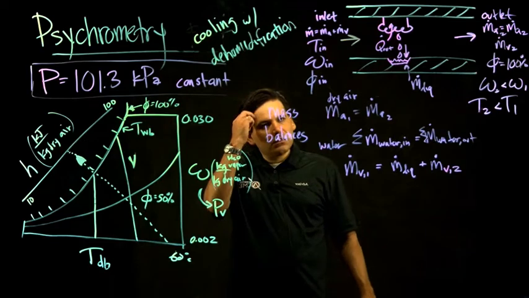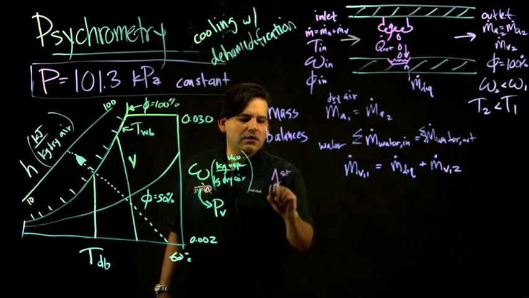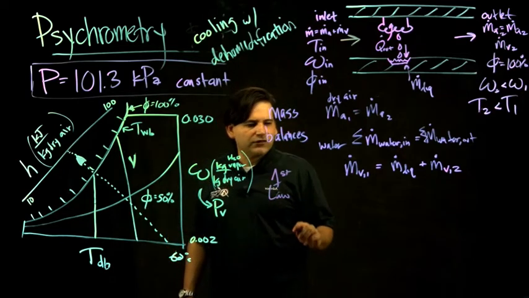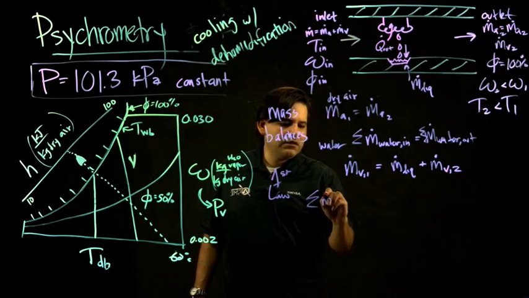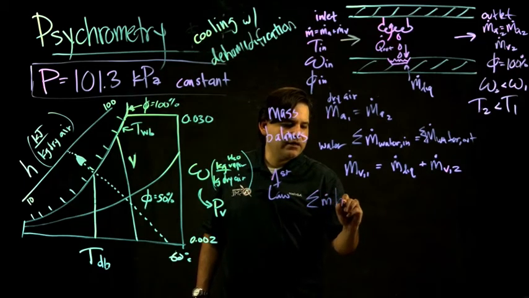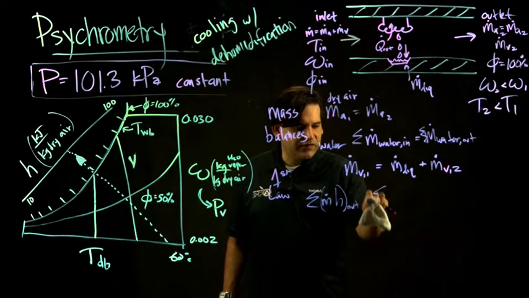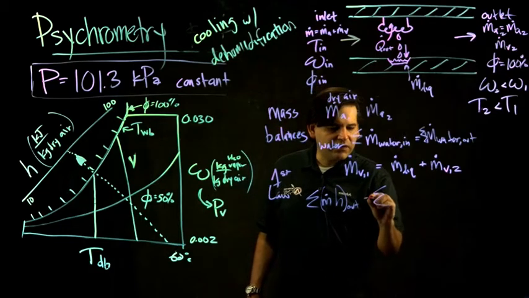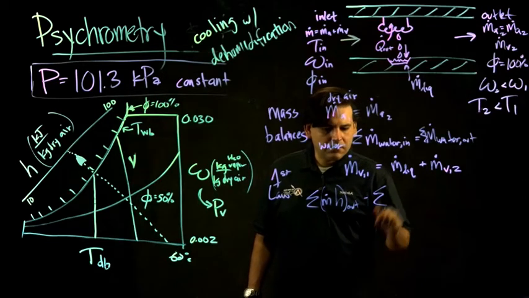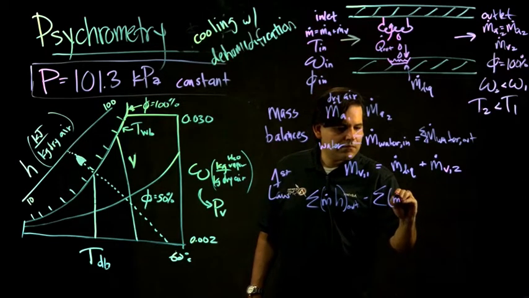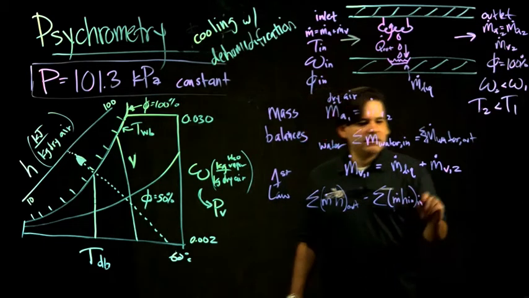Okay, now let's do the energy balance. That's given by the first law, of course. The first law for a flowing system is, for each stream you have some mass flow rate and some enthalpy of that stream. So you take the difference between the inlet and outlet streams, so that will be your change of state.